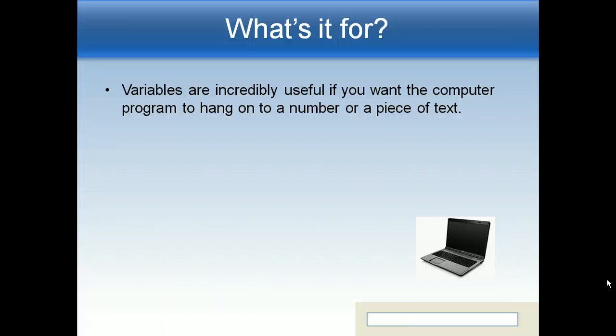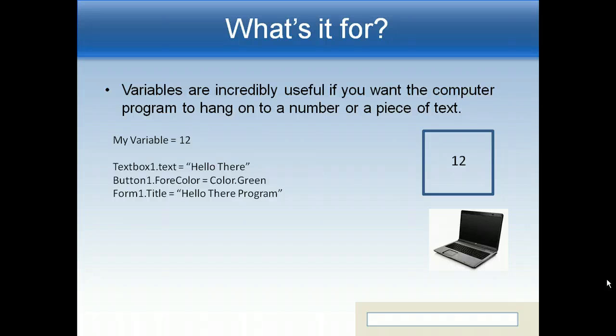So for example, I could make up a variable, let's call it my variable, and I'll say my variable is equal to 12. And what the computer does is it says, okay, I'm making a new box and I'm putting in 12. I've got my box, it's my variable, and it's got the number 12 in it. I'm storing that data. And then the computer can churn around and do a whole bunch of other stuff. Here's a bunch of just junk code that I wrote. It can do a whole bunch of other things.